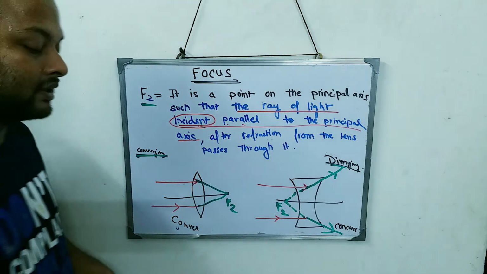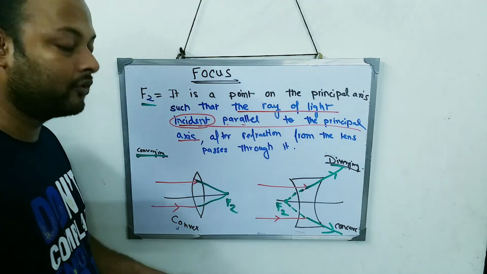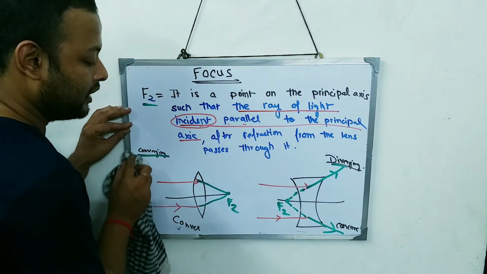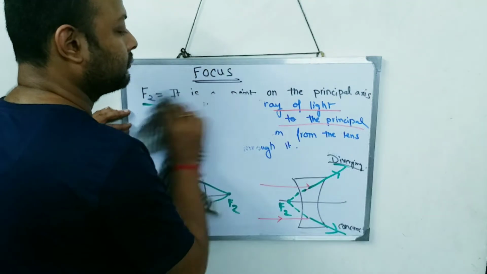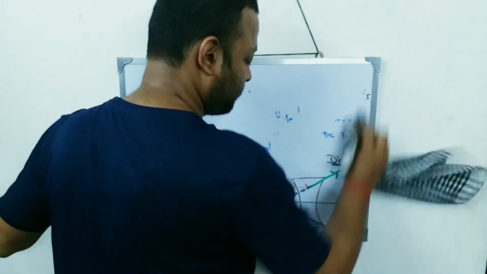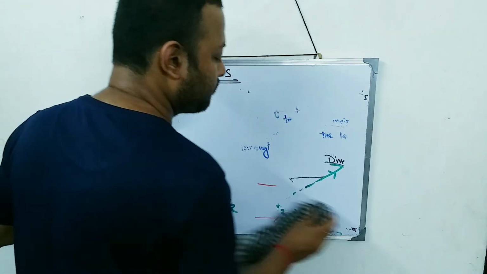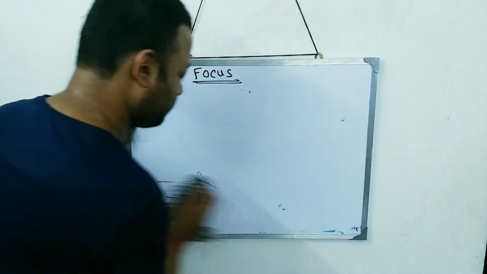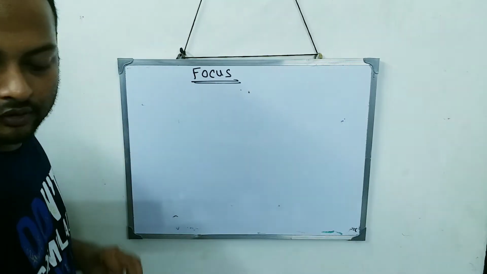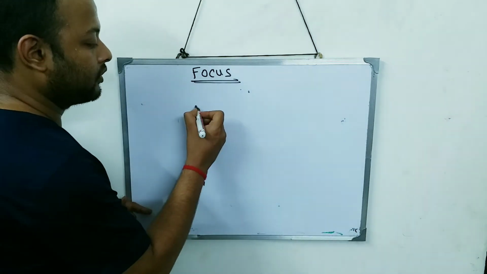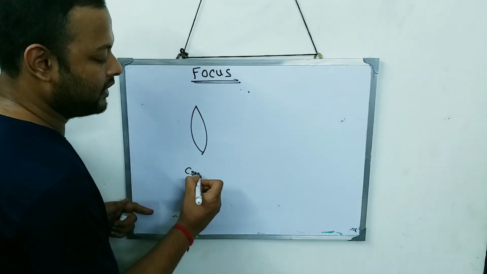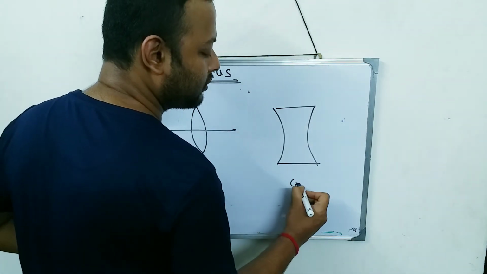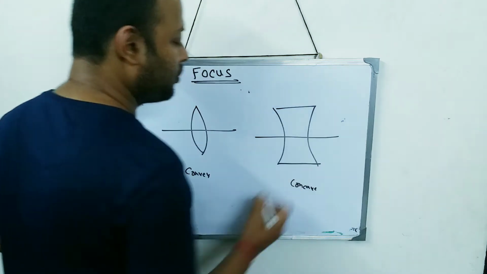I hope you understand this F1 and F2 concept. So if I have to draw together where F1 and F2 are, if I talk about the convex and the concave, where is F1, F2?